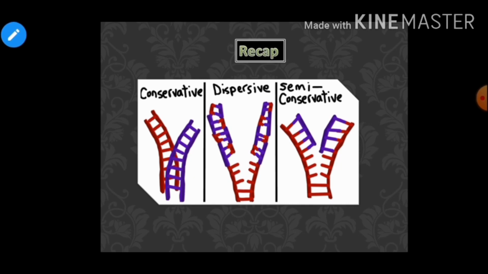So now we are going to talk about some of the experimental proofs which prove that DNA replicates in the semi-conservative pattern. As we have discussed all these patterns, then came an experimental evidence to prove how exactly DNA replicates.